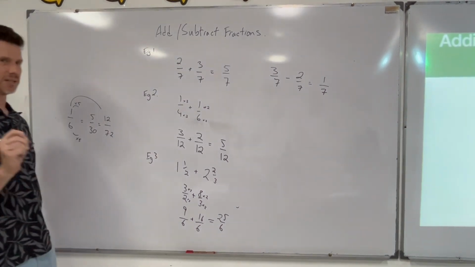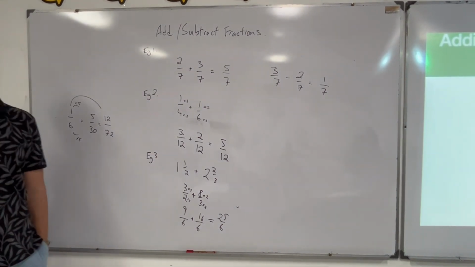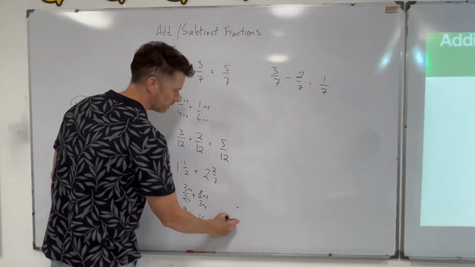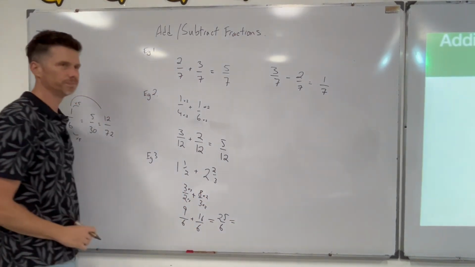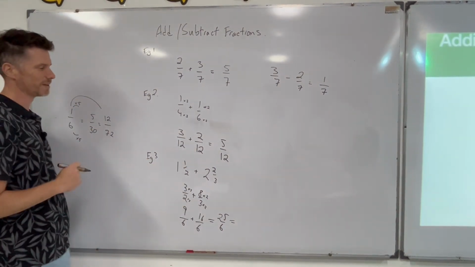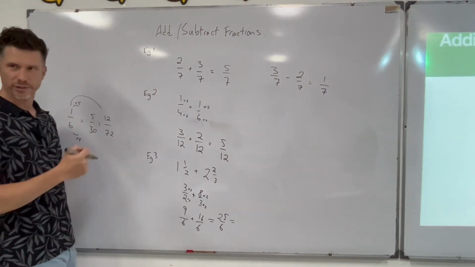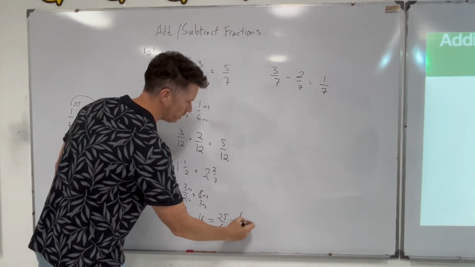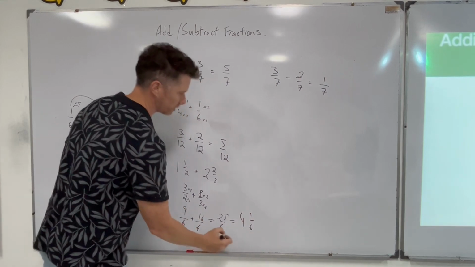Is it better to leave your answer as an improper fraction or a mixed number? Yeah, usually a mixed number is considered fully simplified. So what is this as a mixed number? 4, 1. Yes. 6 fits into 25 4 times with a remainder of 1. So that's 4 with a remainder of 1 out of 6.